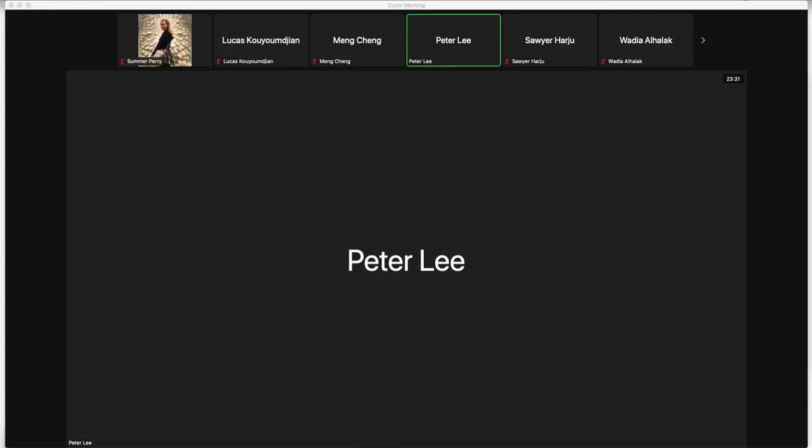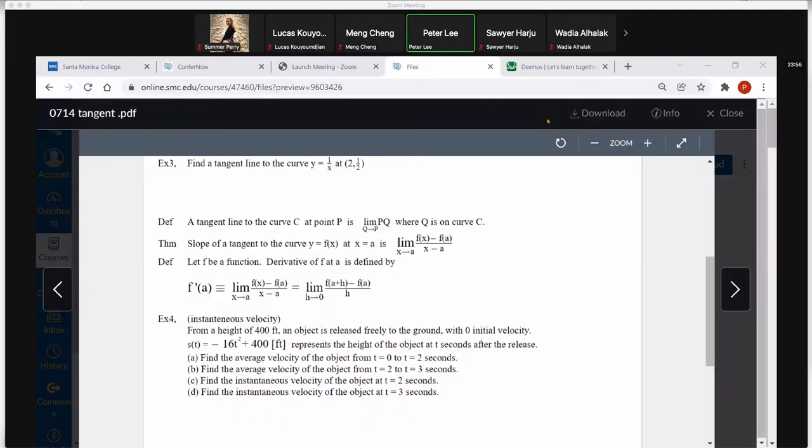I lost my annotation. Share screen. Oh, yeah, share screen. I see. Now I see it. Okay, I get it now. All right, so I'm back here.